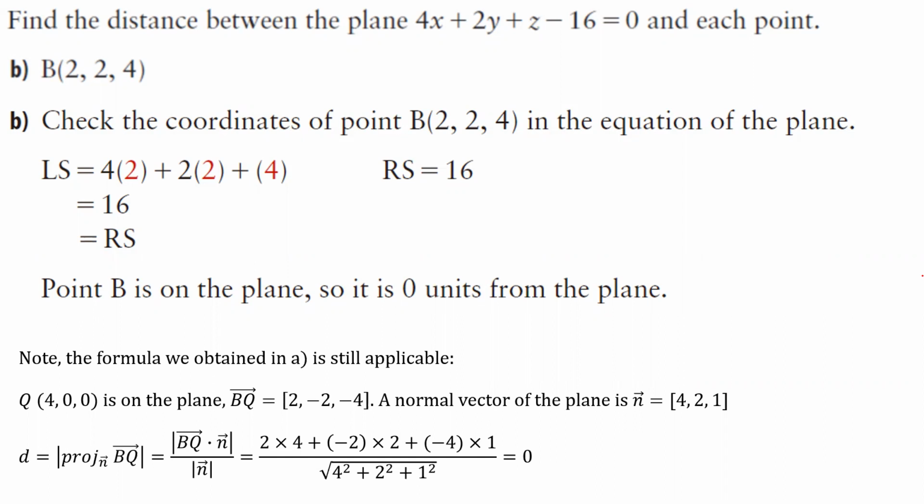Using that formula, the distance between these two points is the magnitude of the projection of vector BQ on n, which is given by the absolute value of vector BQ dot product with n over the magnitude of vector n. If you put all the values in, you can see that the distance is actually 0. Therefore, we know that the point is on the plane.